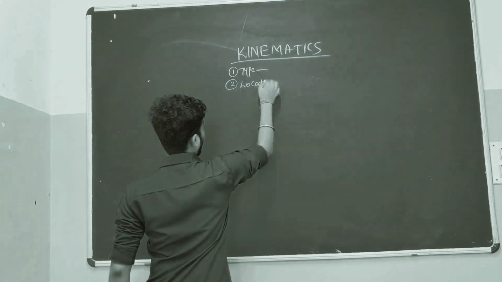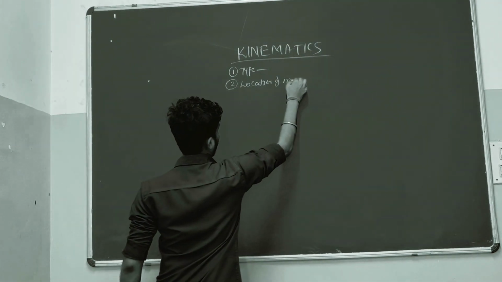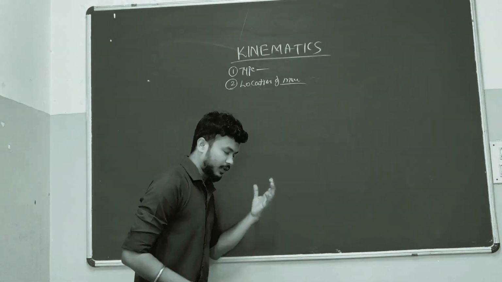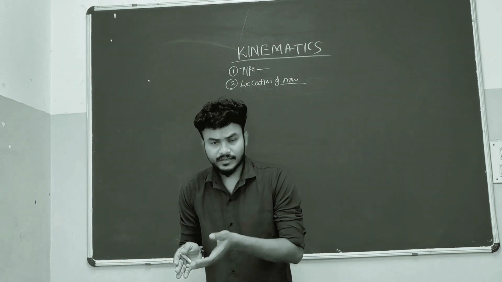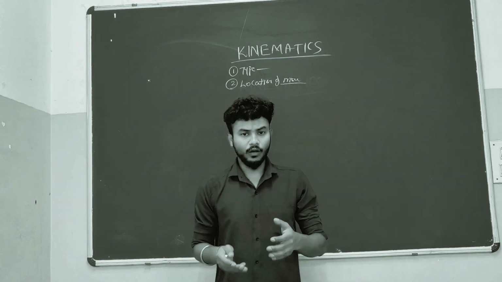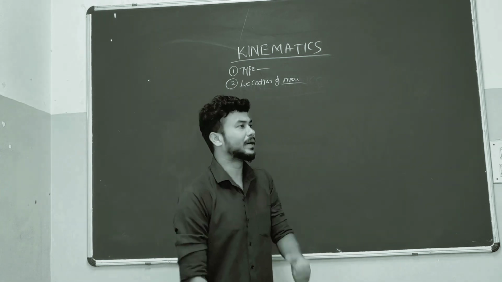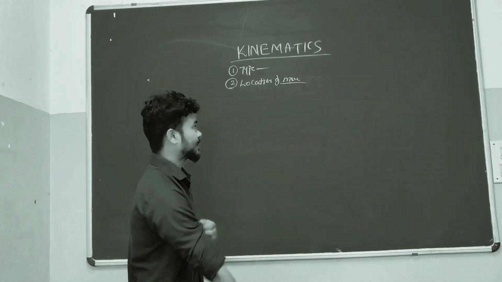Second point, location of movement. What does location of movement mean? On which surface the movement is happening, and on which point the movement is happening, that is the location of the movement.